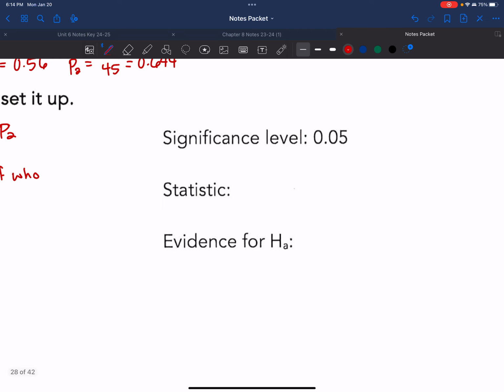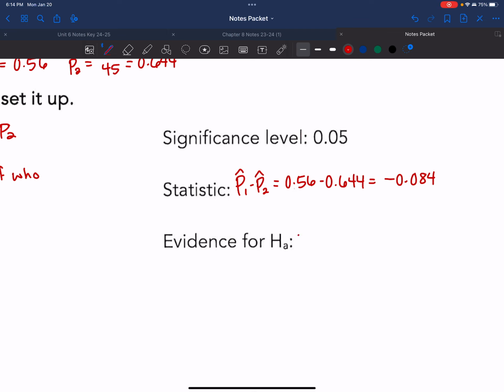Your statistics, so we want to calculate the actual difference we saw in real life. So p hat 1 minus p hat 2, well, that's equal to 0.56 minus 0.644. That's going to give me a difference of negative 0.084. And the evidence for it, how do I know, or why do I feel that seniors are more likely to go than juniors?